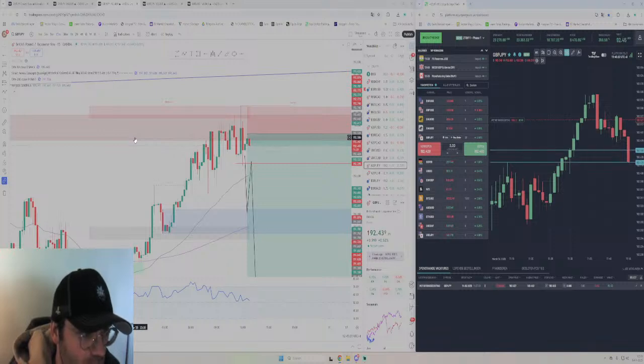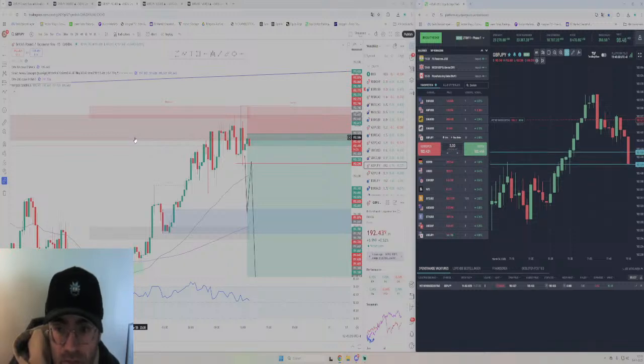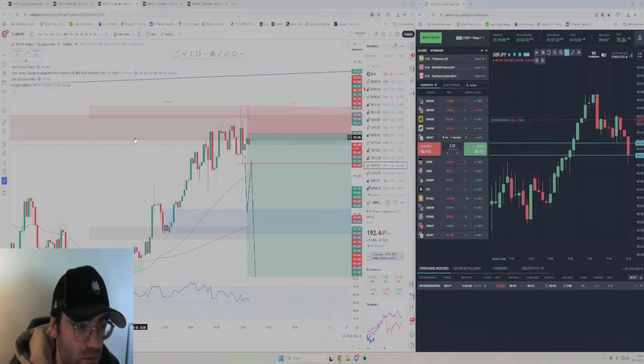I needed to break under the previous 15-minute low. It's stupid, but I don't always like an instant push because a lot of times, if you notice, a lot of candles have wicks, right?